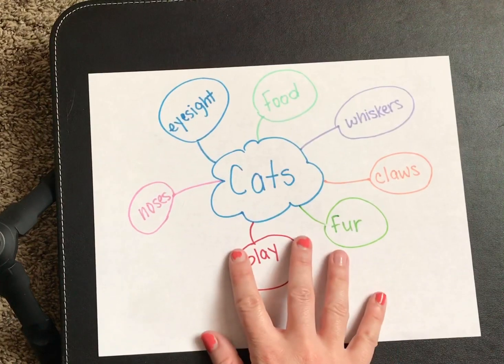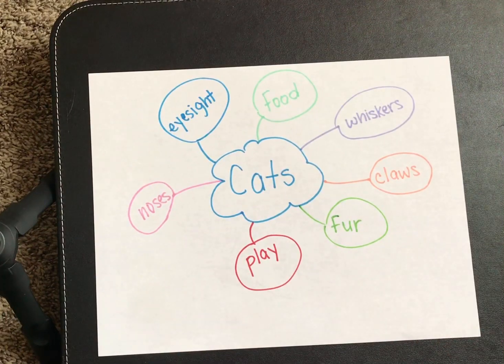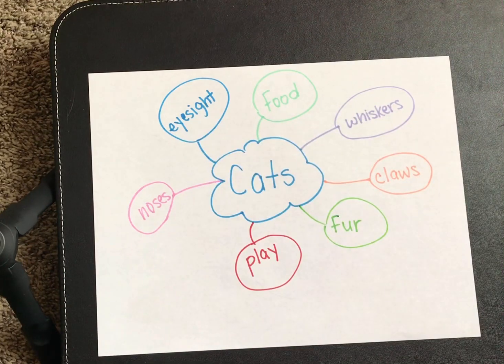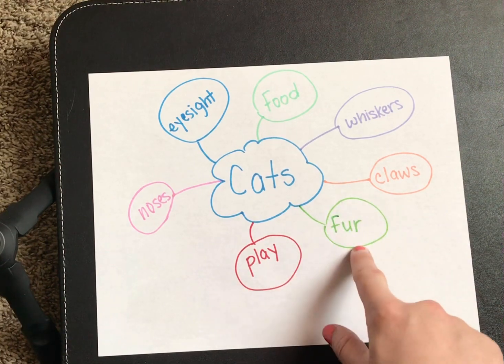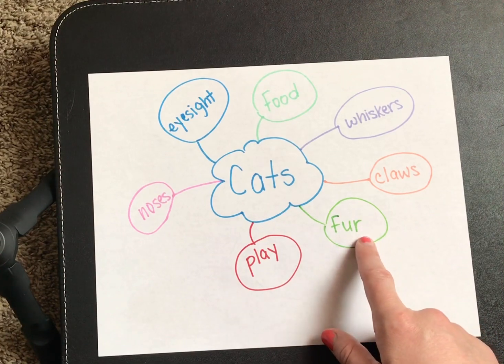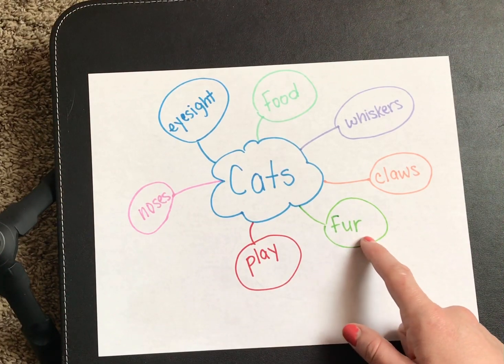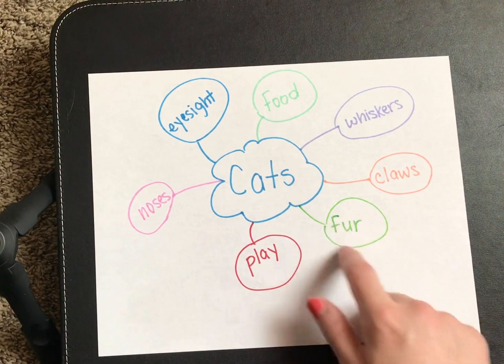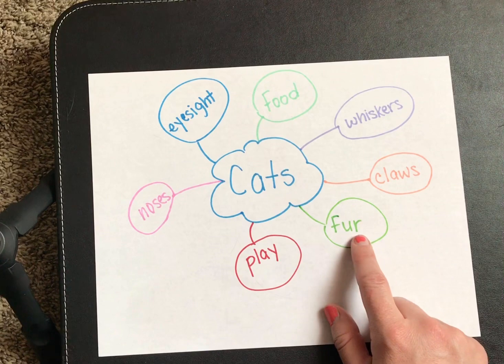So on my first page, I could choose any one of these to talk about. Maybe it would be better to start on my first page talking about their fur, because then I could talk about different colors that their fur can be, different kinds of fur. Some are long-haired, some are short-haired, all kinds of different topics I could start off my first page with.